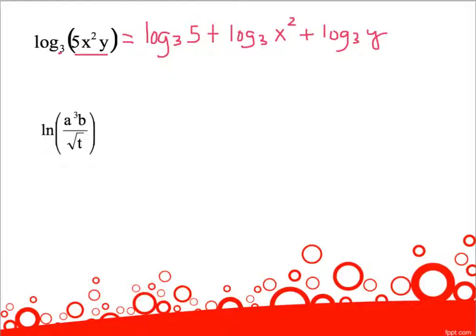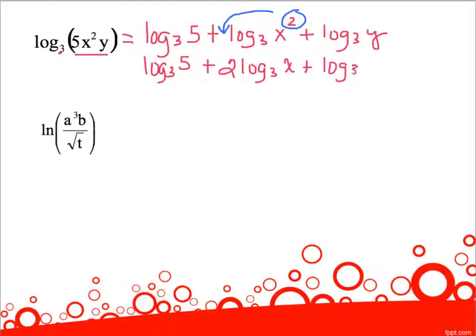Now I want to see if I can do anything with these after expanding. Log base 3 of 5 would mean 3 to the what gives me 5. I don't know a number for that, so we'll leave it as log base 3 of 5. But I can use my other property that says when I have exponents, they get to come to the front. So this becomes plus 2 log base 3 of x plus log base 3 of y.